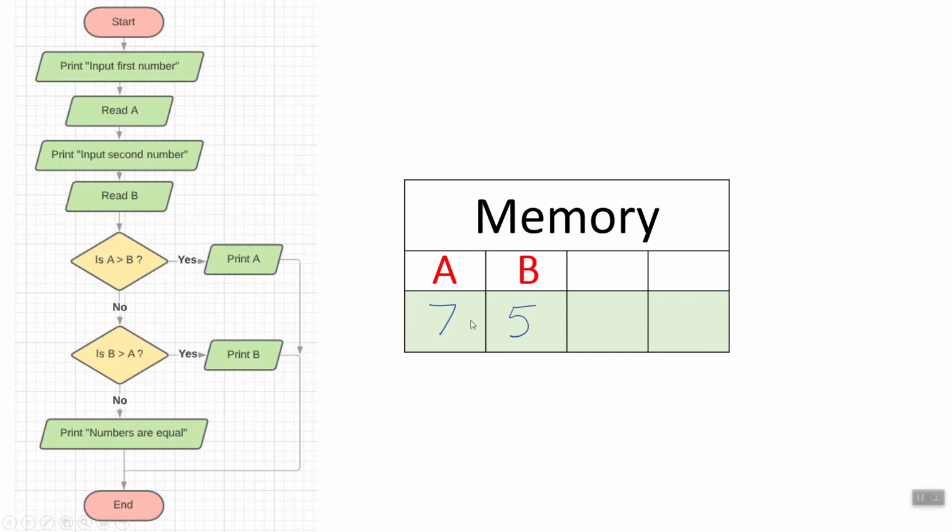Is A greater than B? Yes, so we'll print 7. And in the previous situation, when we had 3 in here, we didn't say no, A is not greater than B. So beforehand we just printed out whatever was in B. This time we ask an additional question. Is B greater than A? Yes, B, so still print 5.